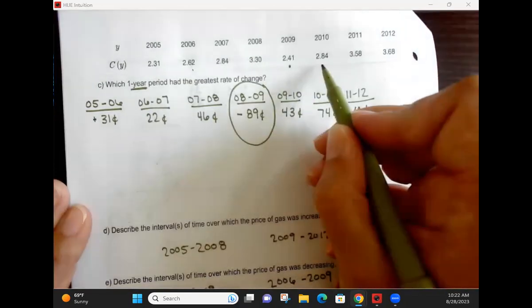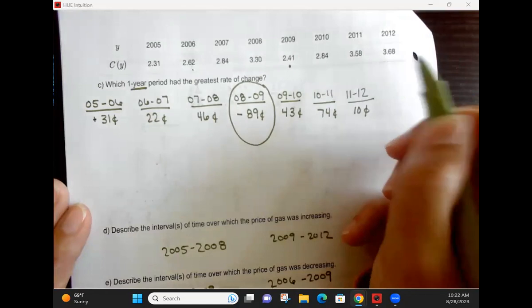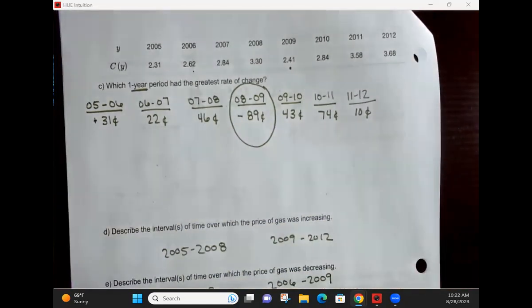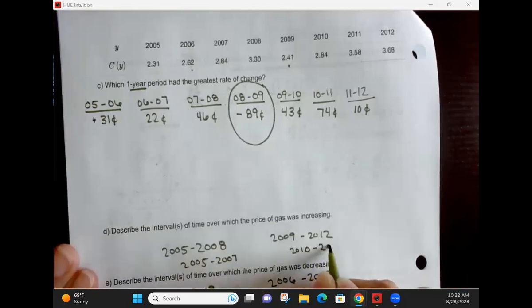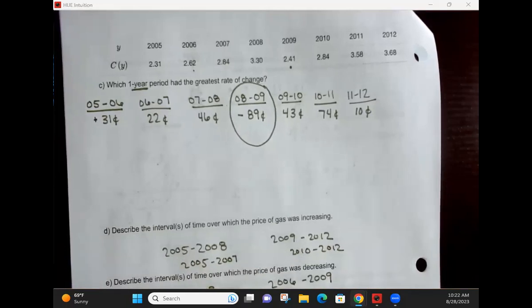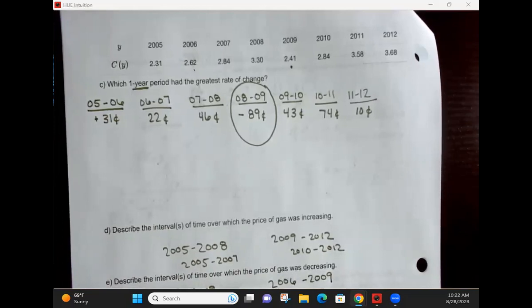Price goes up, price goes up, price goes up. Sure. Could I look at a smaller window within each of those frames? Sure. I could say from 2005 to 2007. I could say from 2010 to 2012. Those would work too. Questions for me on our table problem, our table example?